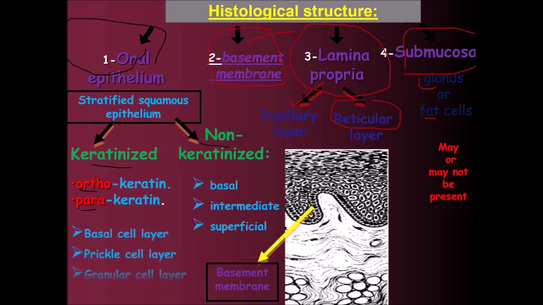The lamina propria is divided into two parts, papillary and reticular, and then we have the submucosa, which contains glands or fat cells, which may or may not be present.